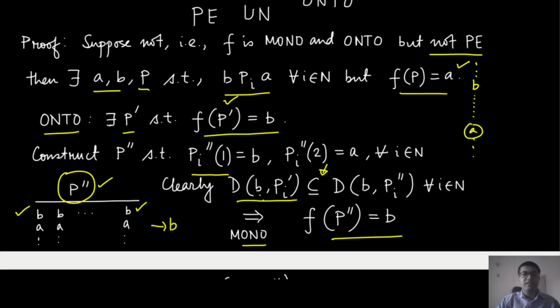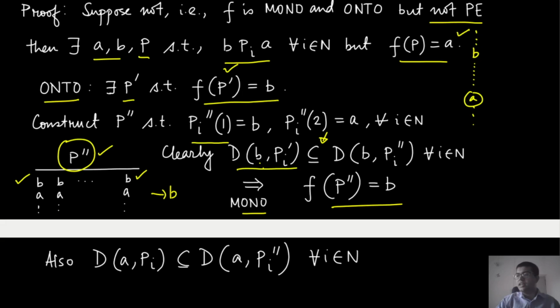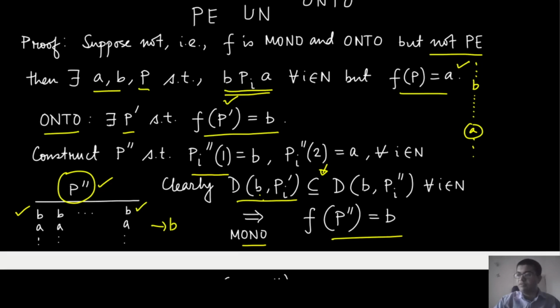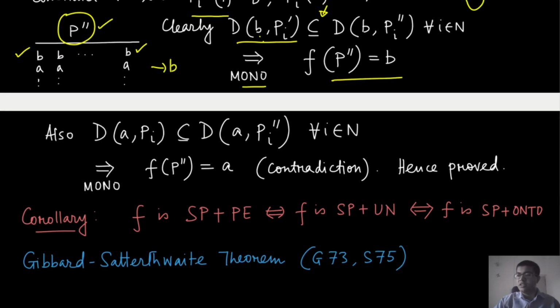Now you can apply the transition from P to P double prime. We know that B is above A for all the players in this preference profile P. What we have done in P double prime is we have moved B to the top and A to the second top. Because of that, all the alternatives which are below A continue to be below A. So this relation also holds, that the dominated set of A under P is a subset of the dominated set of A under P double prime.